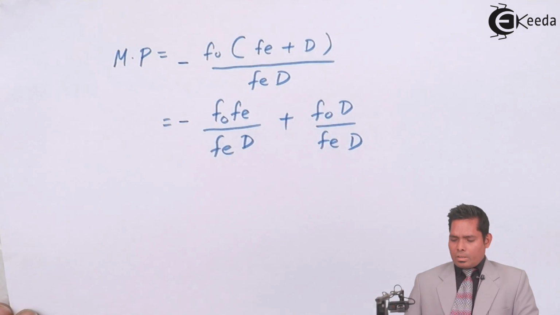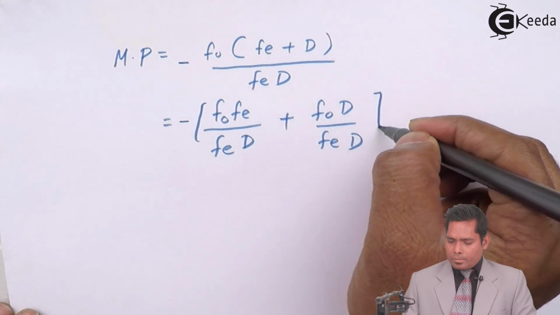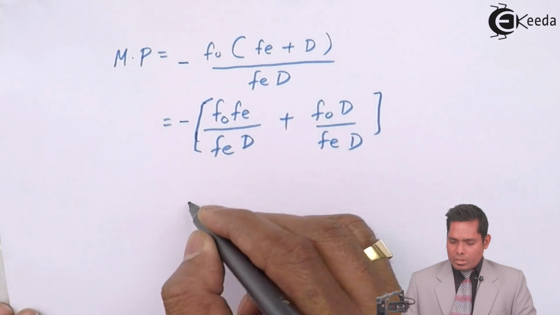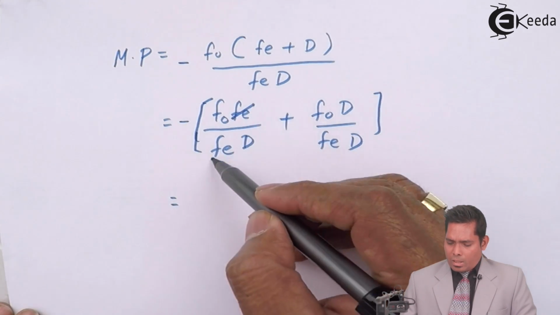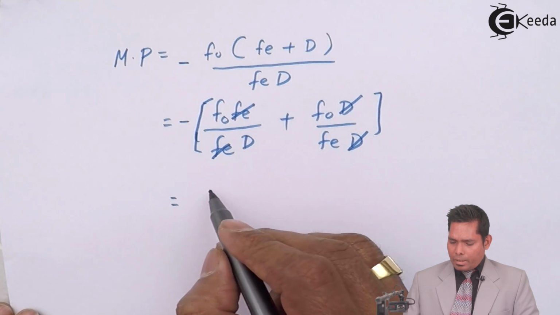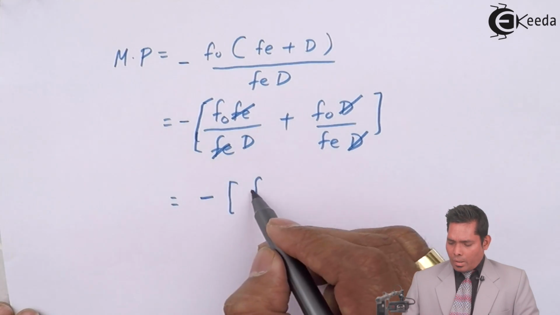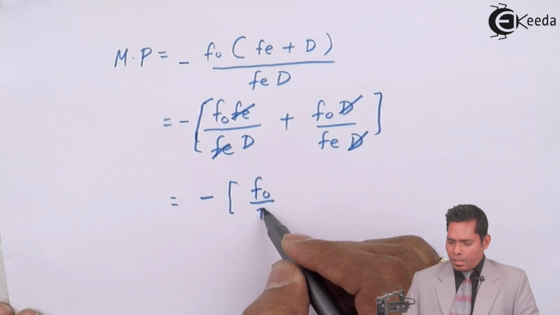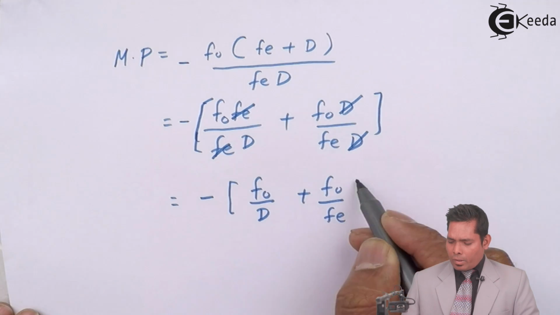With sign convention, this is the final value I am getting here. So now this FE will cancel out, this D will cancel out, and I am getting minus of FO upon D plus FO upon FE.